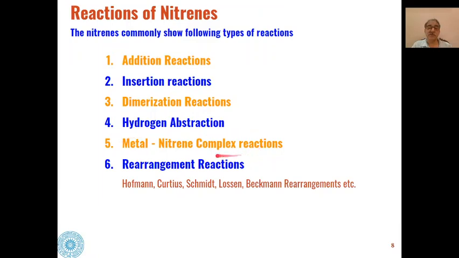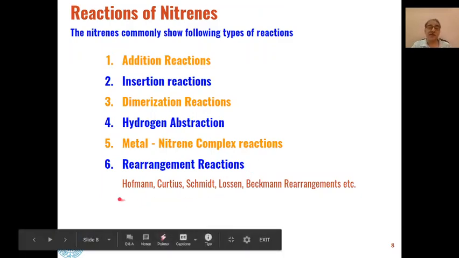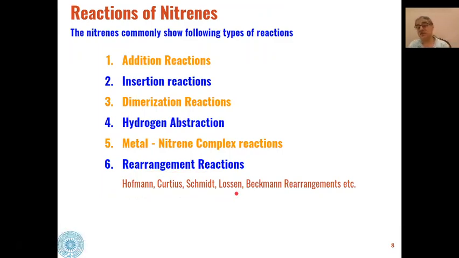Then some rearrangement reactions which involve nitrenes as the intermediate, and among these, the most common are Hofmann, Curtius, Schmidt, and Lossen. So these are the four rearrangements which have nitrenes as the intermediate in these reactions.